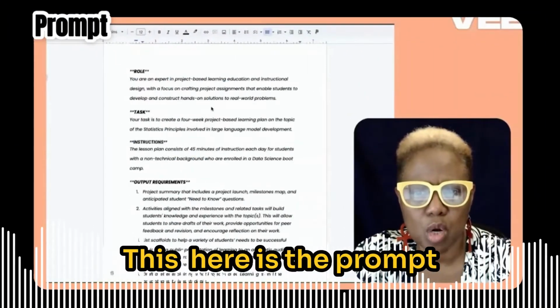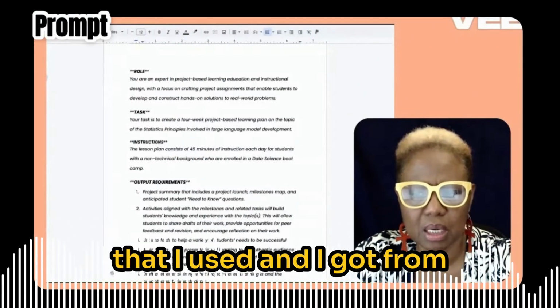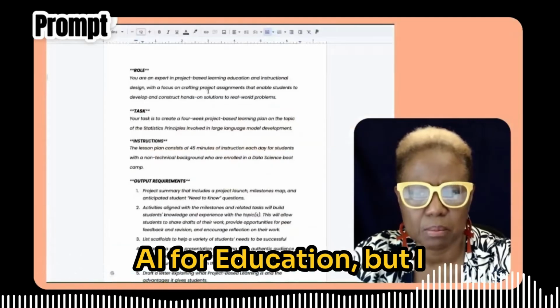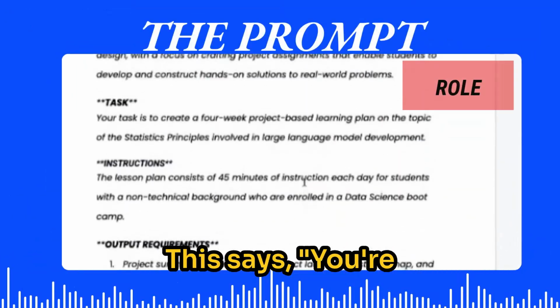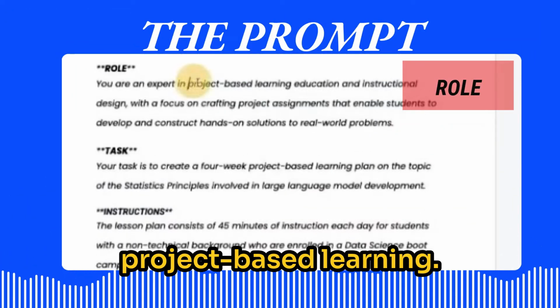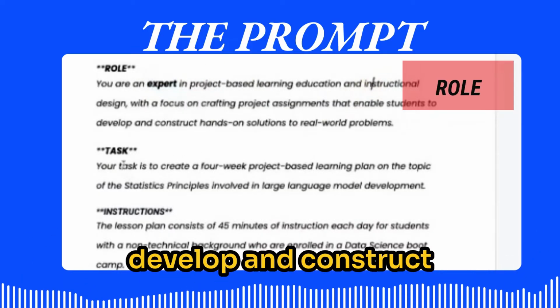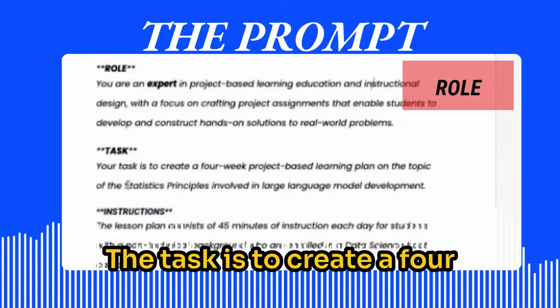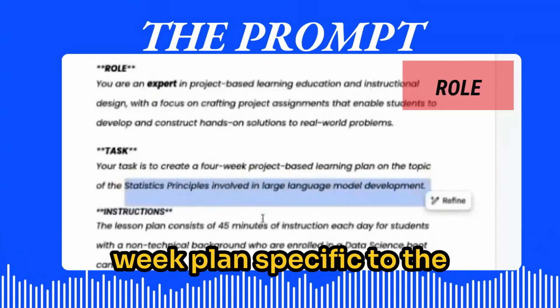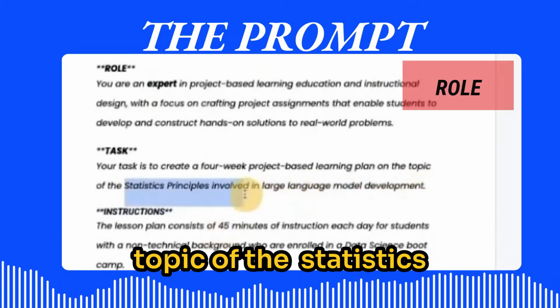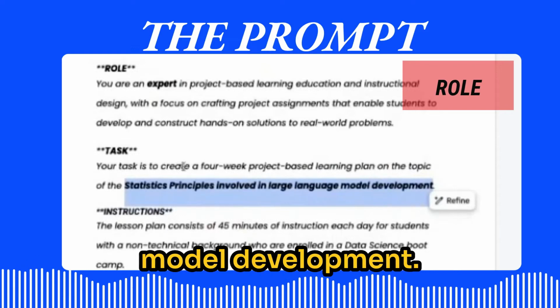This here is the prompt that I used and I got from AI for Education, but I made some changes. This says, "You're an expert in project-based learning, focus on crafting project assignments that enable students to develop and construct hands-on solutions. The task is to create a 4-week plan specific to the topic of the statistics principles involved in large language model development.